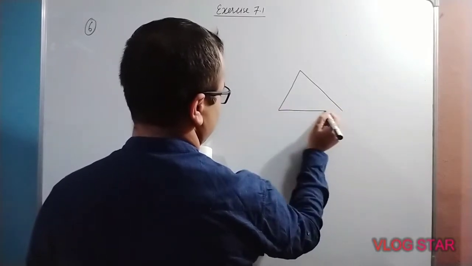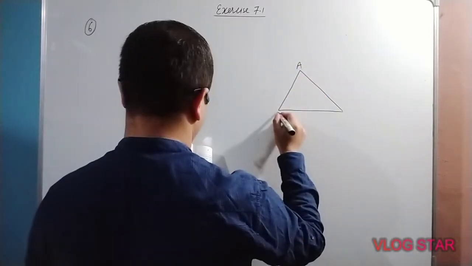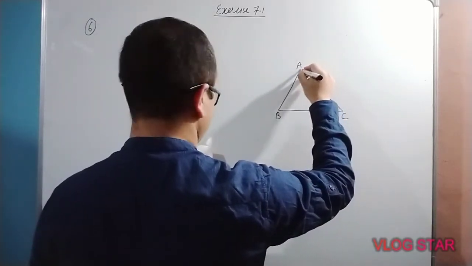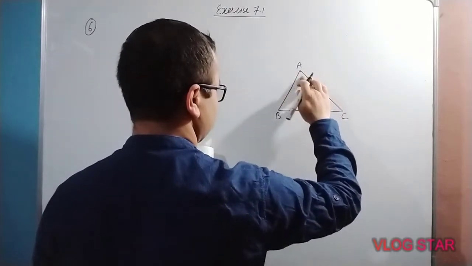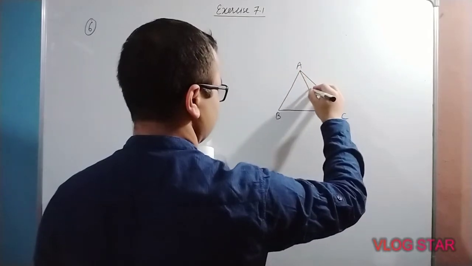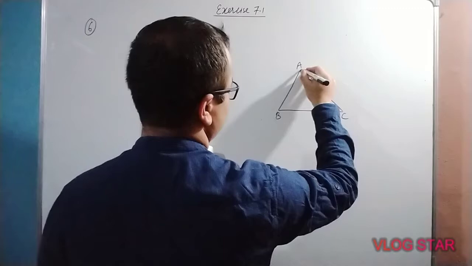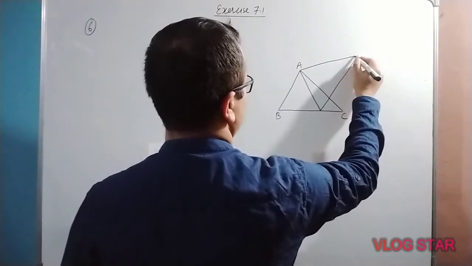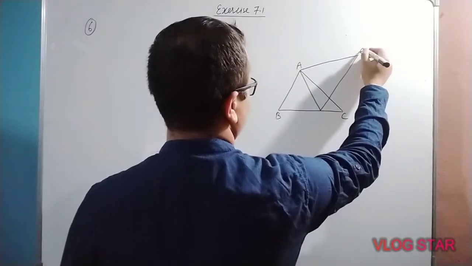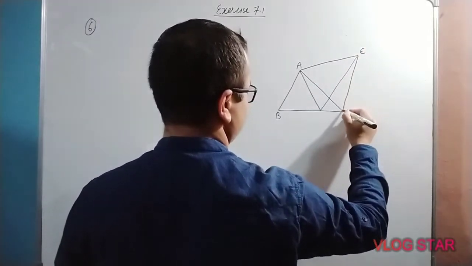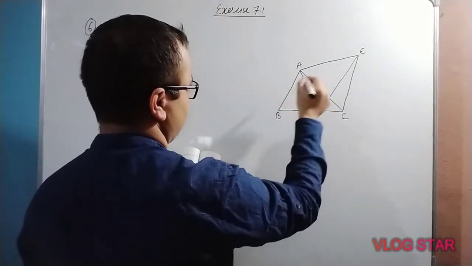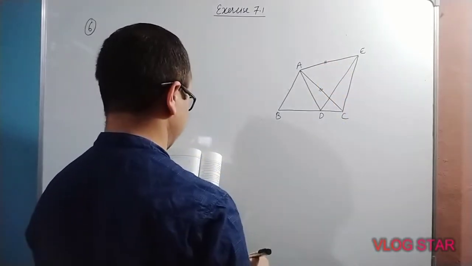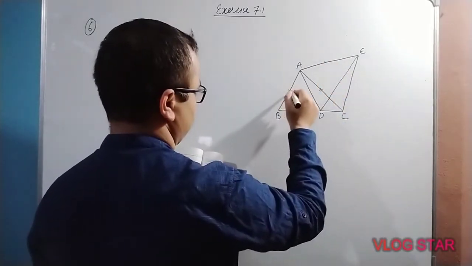Now this is the given figure, with points A, B, C. In this figure AC equals AE, these two sides are equal, and AB equals AD.